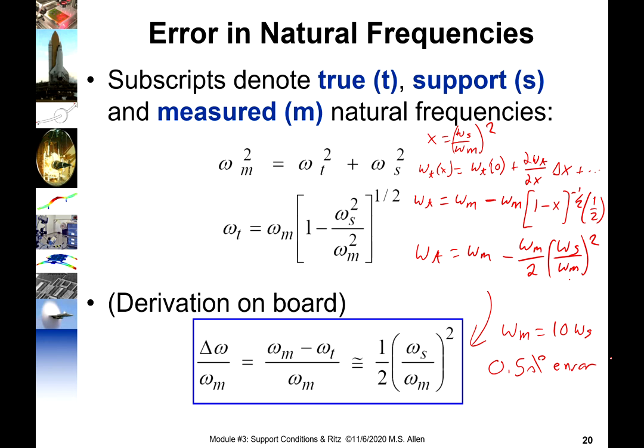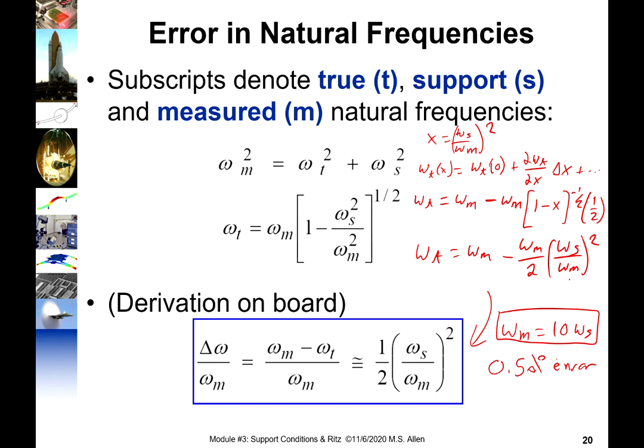So our typical rule of thumb is that we always want the measured natural frequency to be at least 10 times the support natural frequency, so that we can have what might be an acceptable error in the natural frequency.